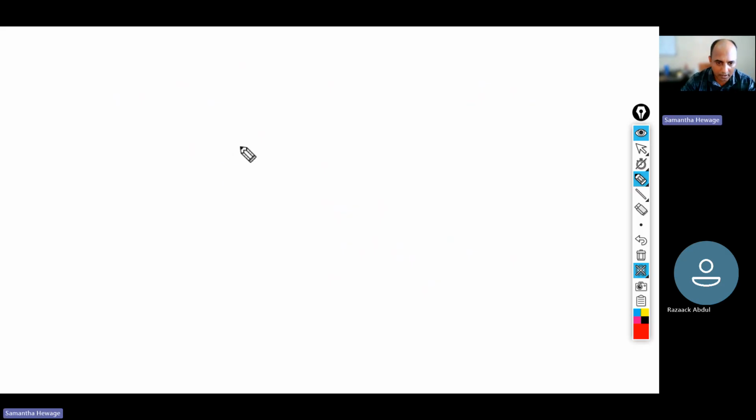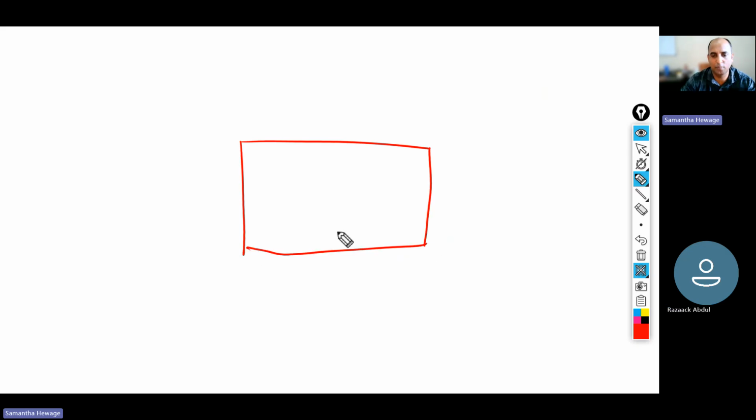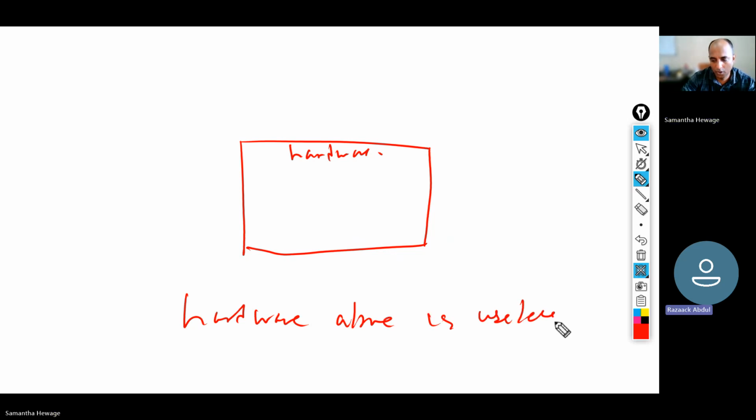So without an operating system, if you have a laptop, it's hardware, no? Today, hardware alone is useless. Hardware alone is useless. It's like metal, like iron, like just plastic.